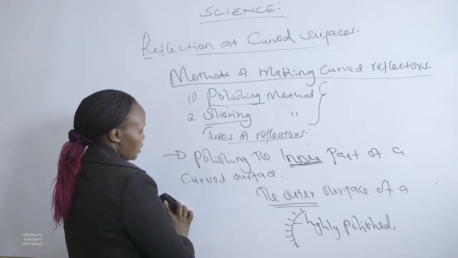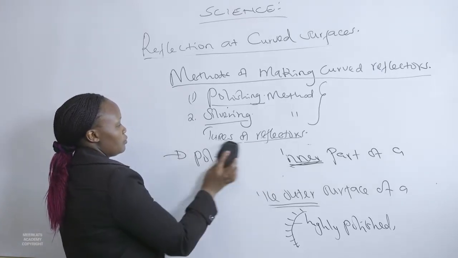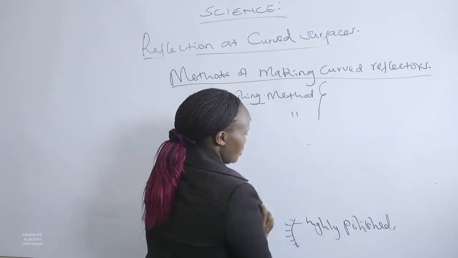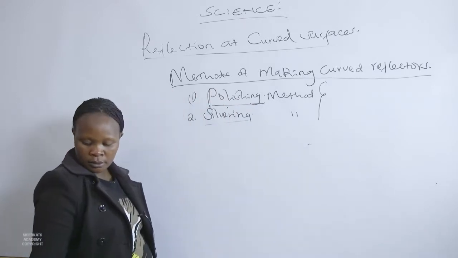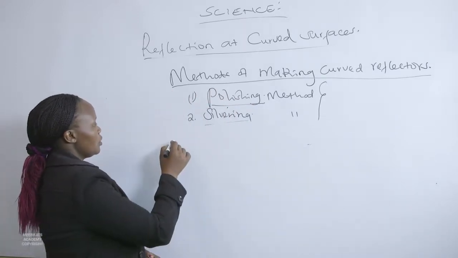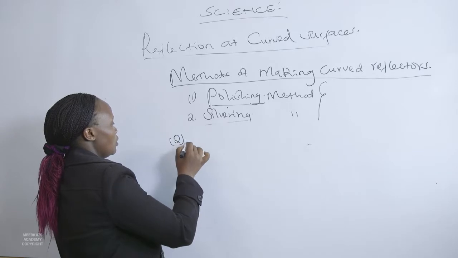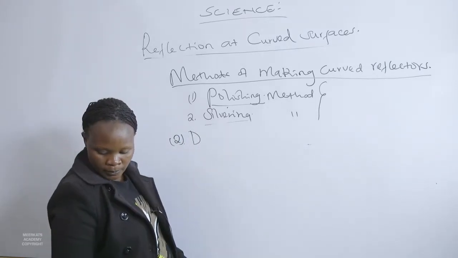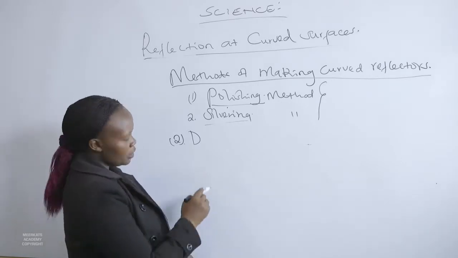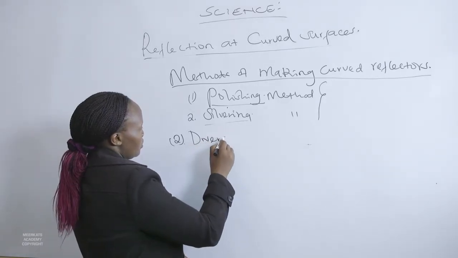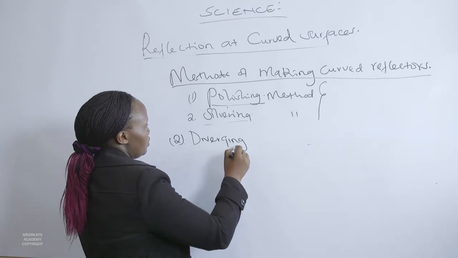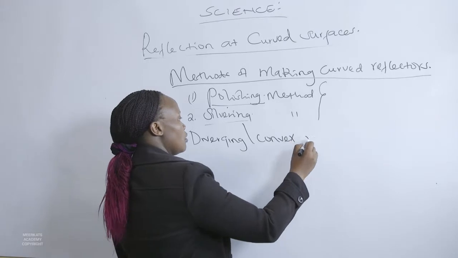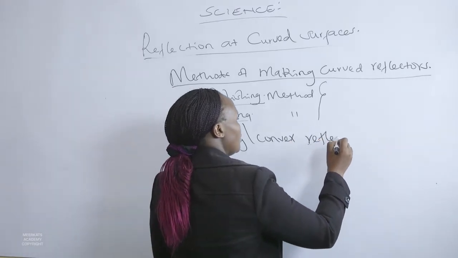Now the second type is what we call the divergent, diverging or the convex reflector.